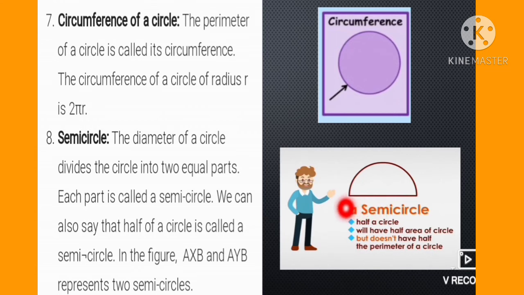So the perimeter of a semicircle is not pi r, because we have to add the diameter, that is 2r. So to find the perimeter of a semicircle, we have to find the length of the arc plus the diameter 2r.